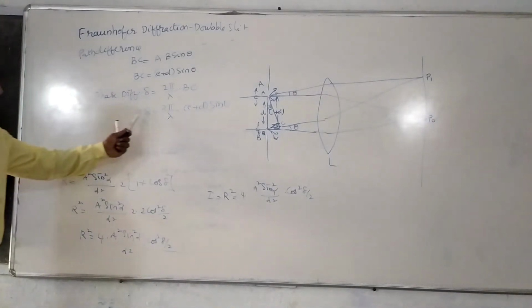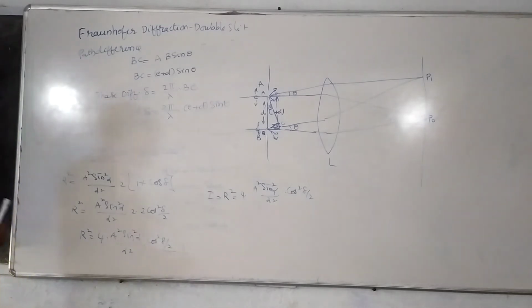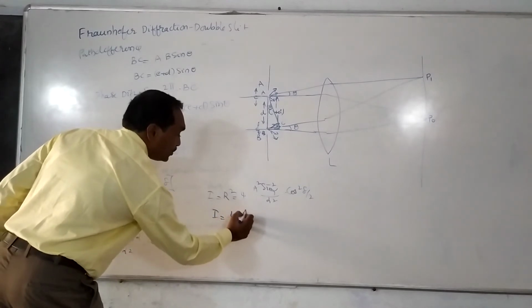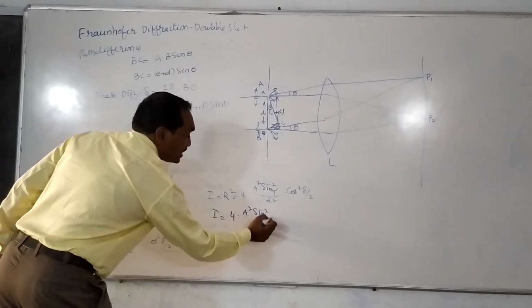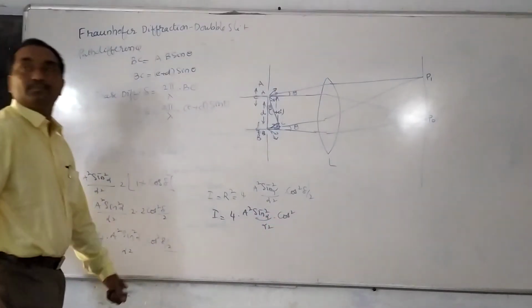When we substitute this value of delta into this equation, the resultant amplitude and the intensity I is equal to 4 A squared sin squared alpha by alpha squared into cos squared.